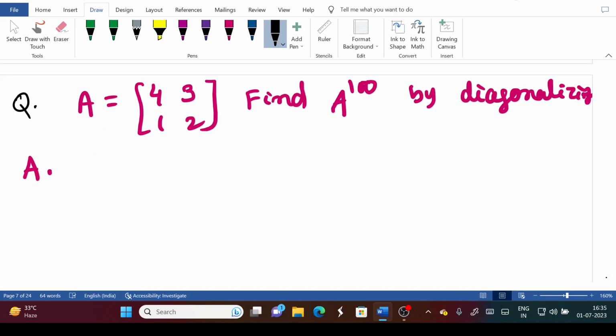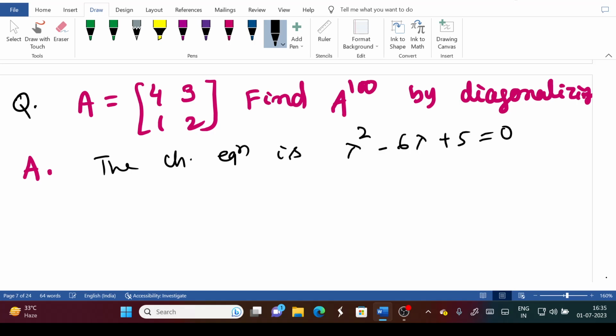So what we will do? The characteristic equation is lambda square minus 6 lambda plus the determinant, 8 minus 3, that is 5, is equal to 0. So the eigenvalues are lambda 1 is equal to 5, lambda 2 is equal to 1.